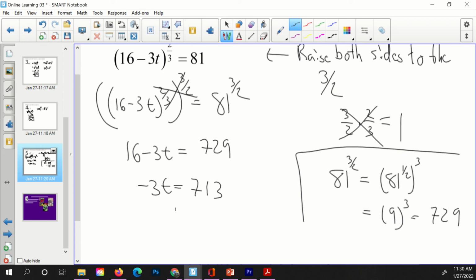That seems reasonable. And then divide by 3, I'll get t equals negative 713 over 3. And I know that because when I go 7 and 1 is 8 and 3 is 11, 3 isn't going to evenly divide 713, so we'll put a box around that, and that's it.